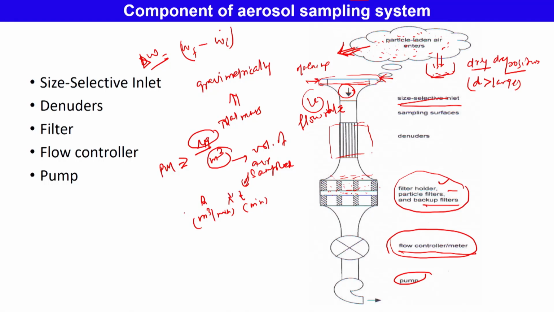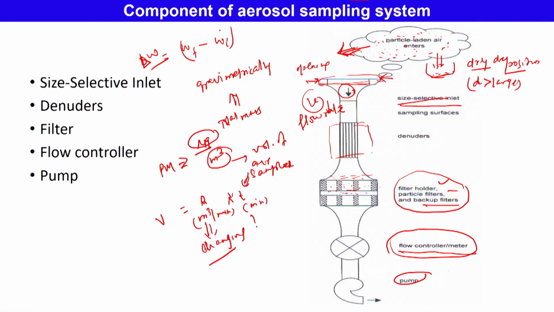So this will give you the volume. Now the point is that if your sampler's flow rate is changing, then what will happen? Because you cannot keep on monitoring all the things actually.